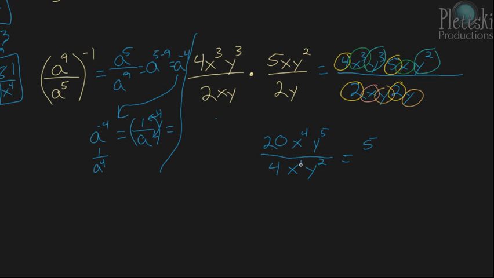Because this has a 1 there. So it'd be x to the 4th minus 1, which is x to the 3rd. And then we have y to the 5th minus 2, because y squared is in the denominator, so we subtract the exponents, and you get y to the 5th minus 2, which is 3. And that's all there is to it.